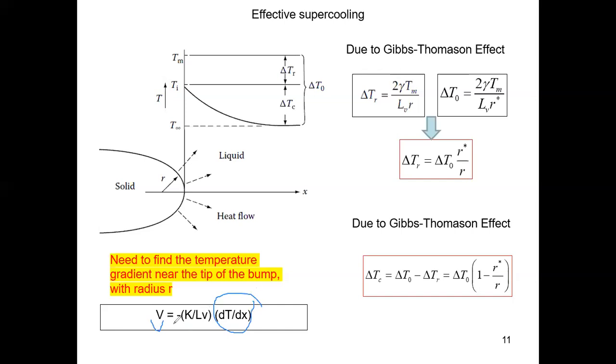If you look at this expression, you cannot change K, you cannot change LV once the material is fixed, right? But the temperature gradient is definitely related to the geometry of the tip, and also intrinsically to the degree of supercooling it feels.